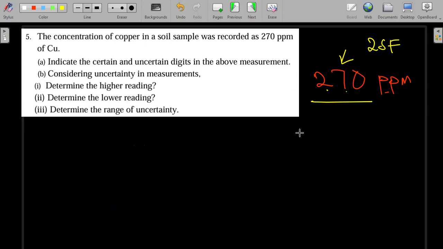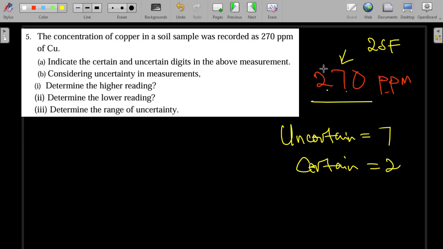So the uncertain digit is actually the last significant figure, which is 7. So 7 is the uncertain digit. And then what is the certain digit? The certain digit is the 2, this one here, the one that comes before the uncertain digit.